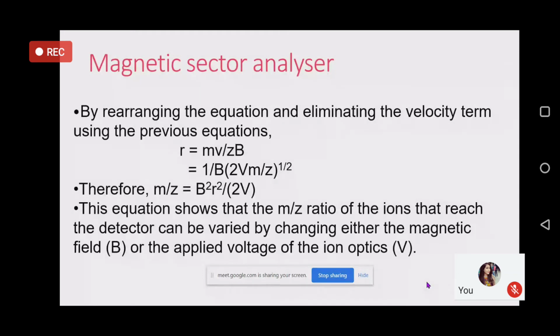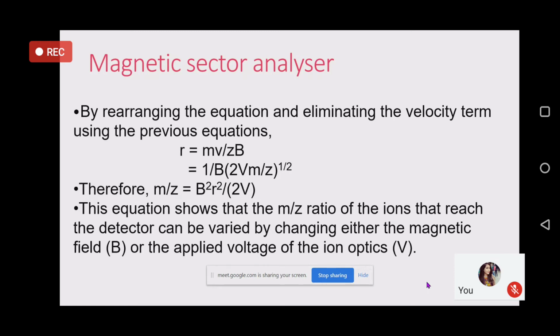V is the applied voltage, e is the charge, and that is equal to 1/2 m v square. So you'll get an expression for v. Substitute that expression for v in the first equation, r equal to m v upon z b, and get the answer for M by Z, the mass to charge ratio, which is equal to B square, where B is the strength of the magnetic field, R square, where R is the radius of curvature of the path that the particles are going to follow, upon 2V, where V is the applied voltage.